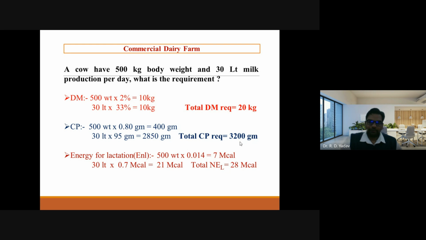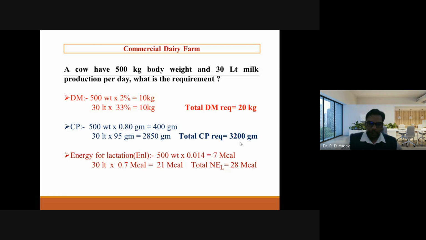So 30 liters multiplied by 33% will come to 10 kg. So the total dry matter requirement will be 20 kg: 10 kg for milk production and 10 kg for body maintenance.